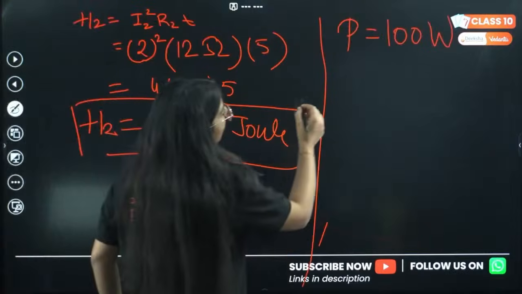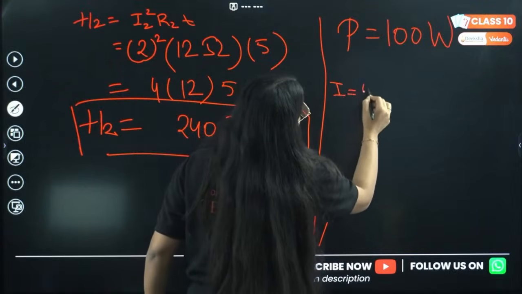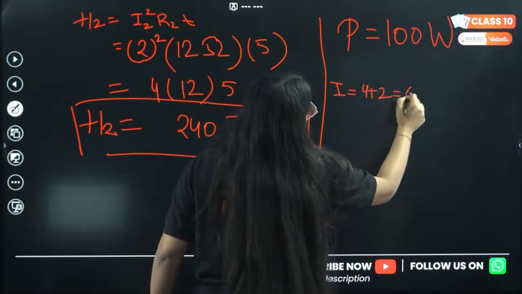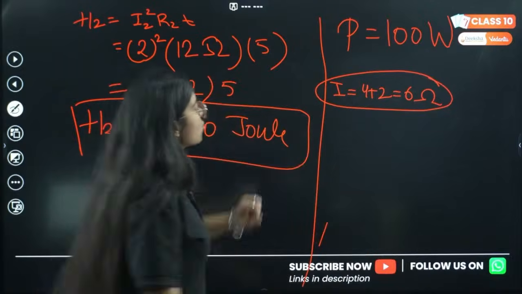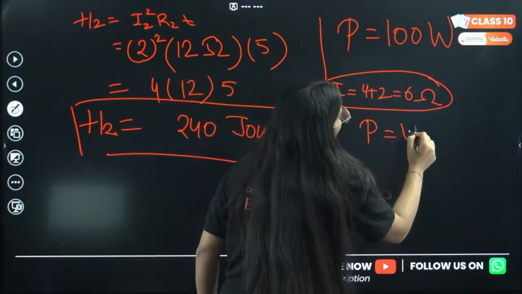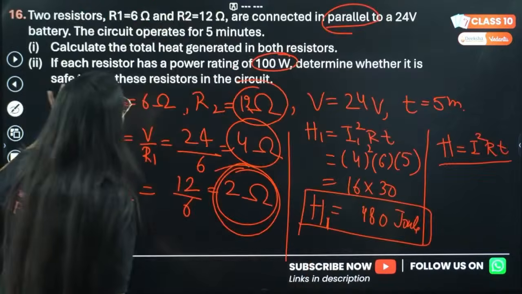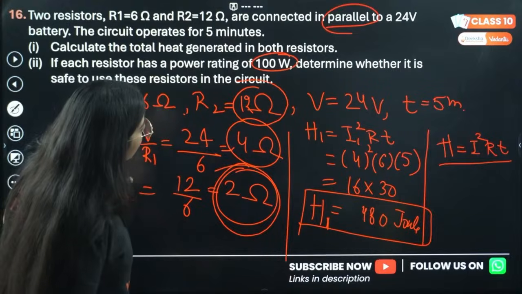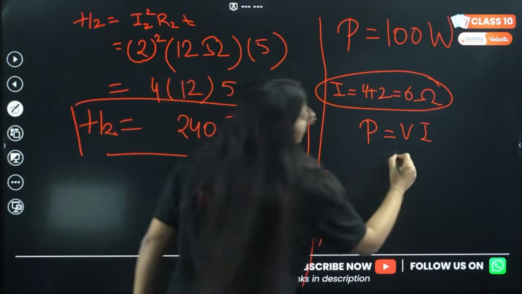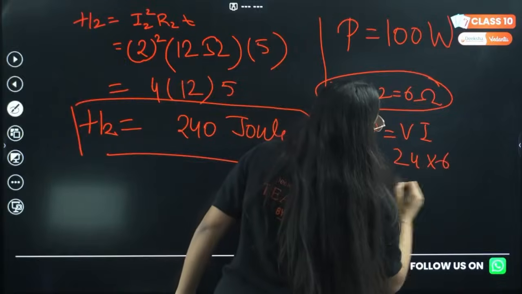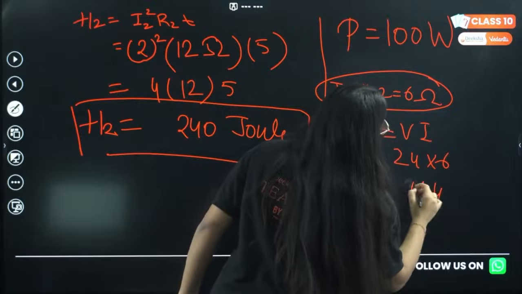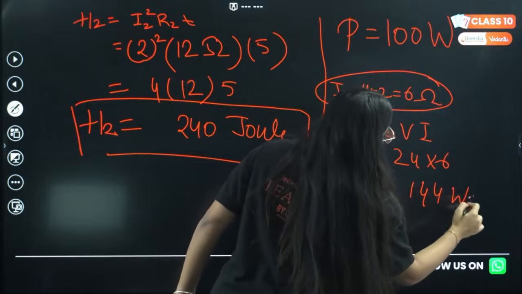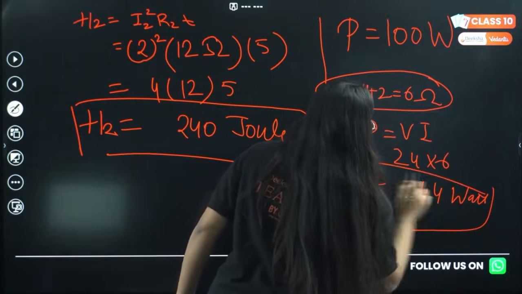So the total current in my circuit was 4 plus 2, 6 ampere. Okay, and the total power will become what? V into I. V is the total voltage, we know 24. So 24 into 6. So the power is 144 watt in the circuit.